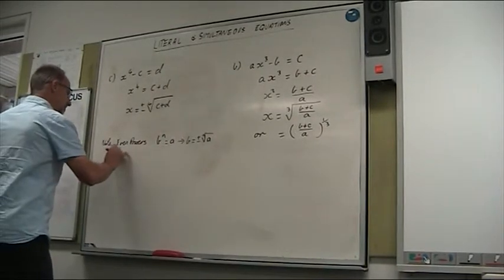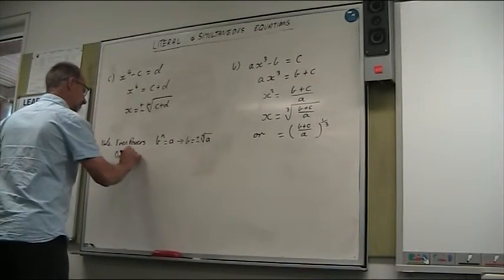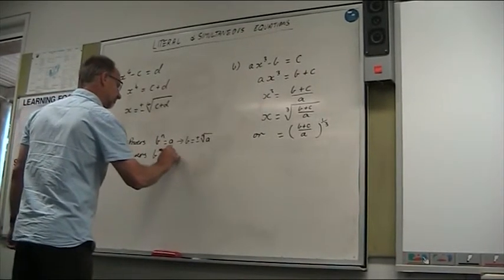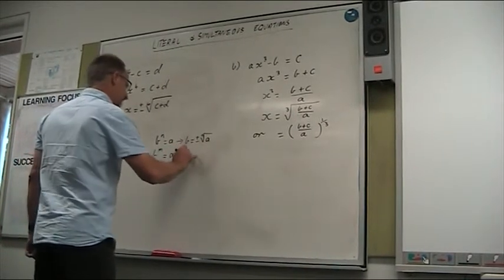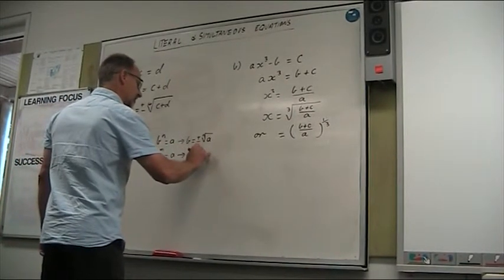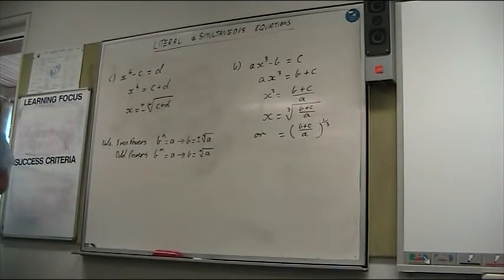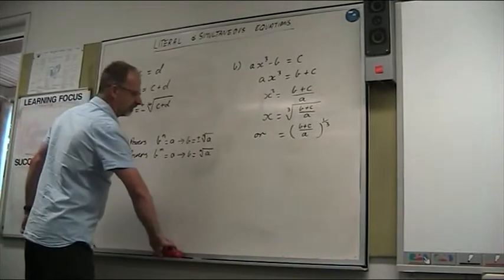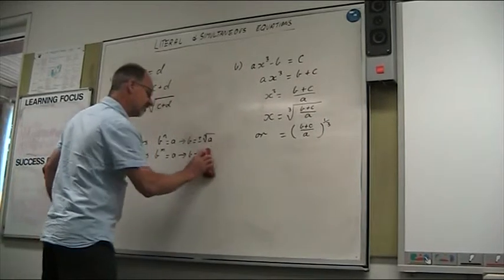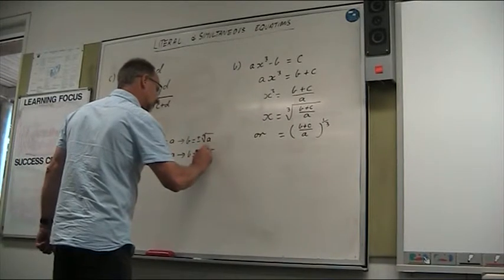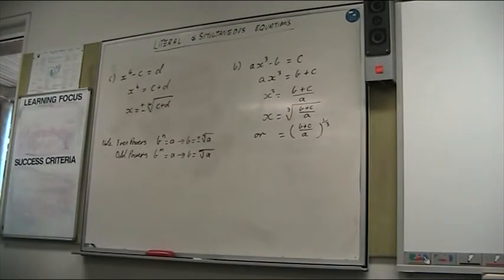But for odd powers, b to the n, for example, if that is odd, we only just need to write it like that. That's not very good, is it? Rewrite that. And that will then take care of itself.